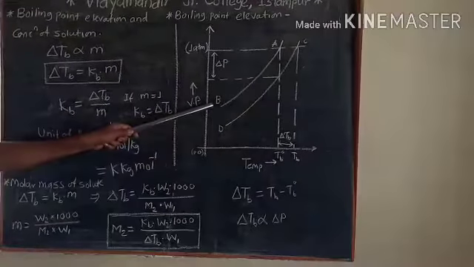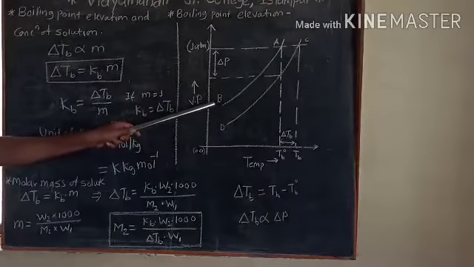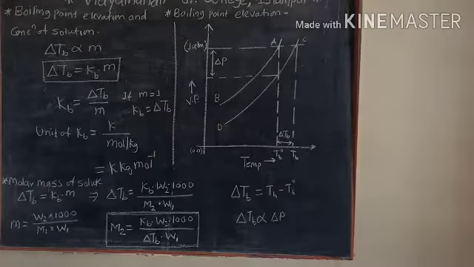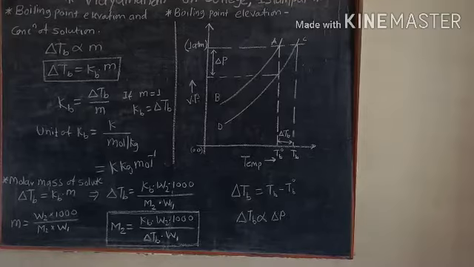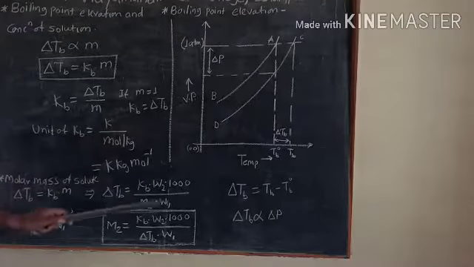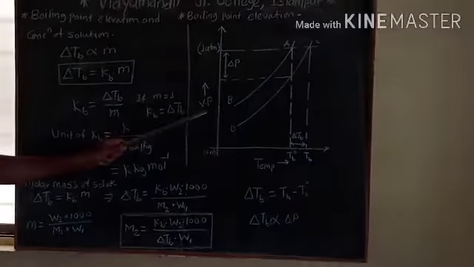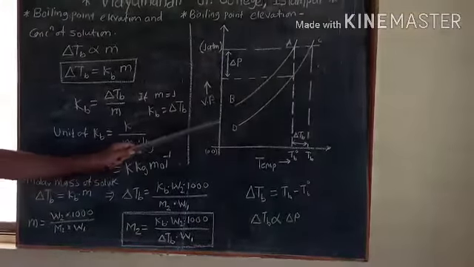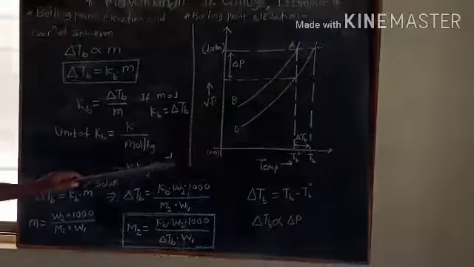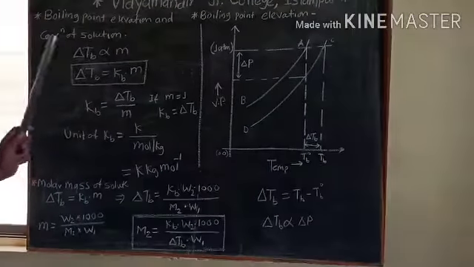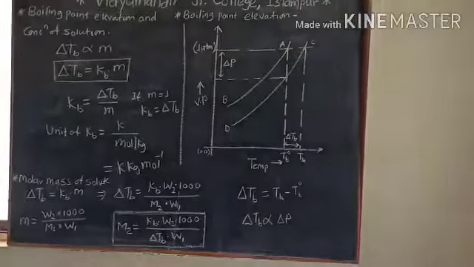AB represents the vapor pressure of the pure solvent and CD represents the vapor pressure of a solution. From the graph, it is clear that CD lies below AB, meaning the vapor pressure of a solution is always less than that of the pure solvent at any temperature.